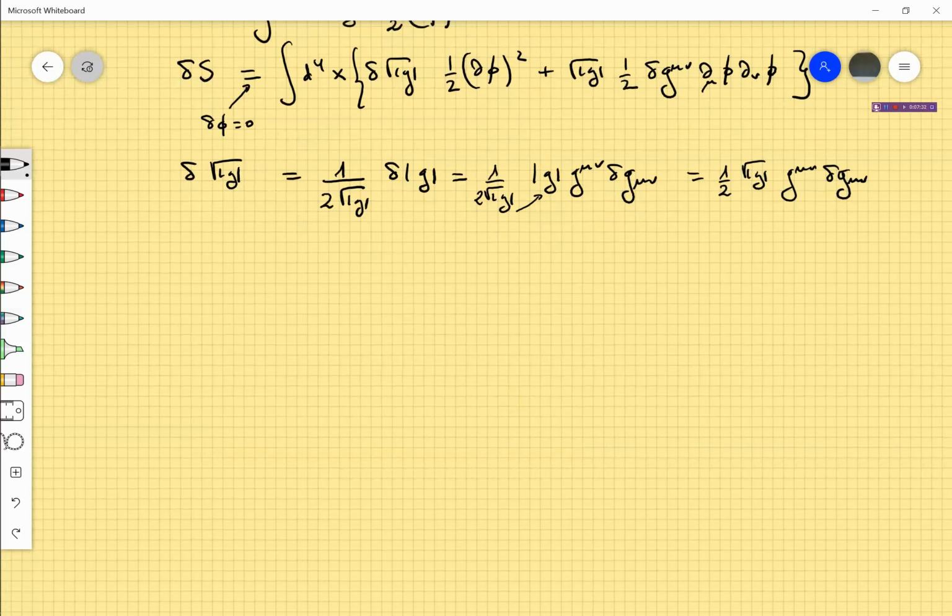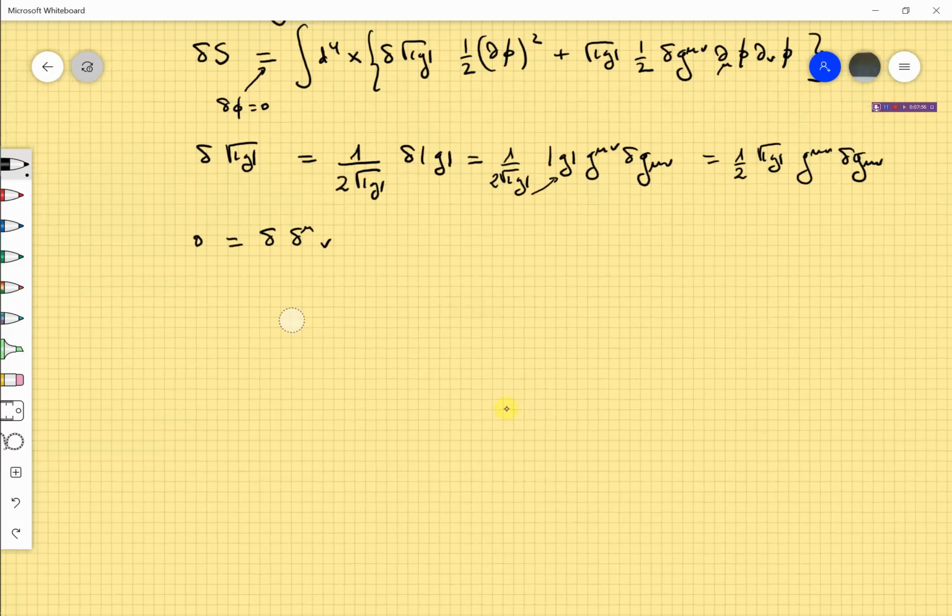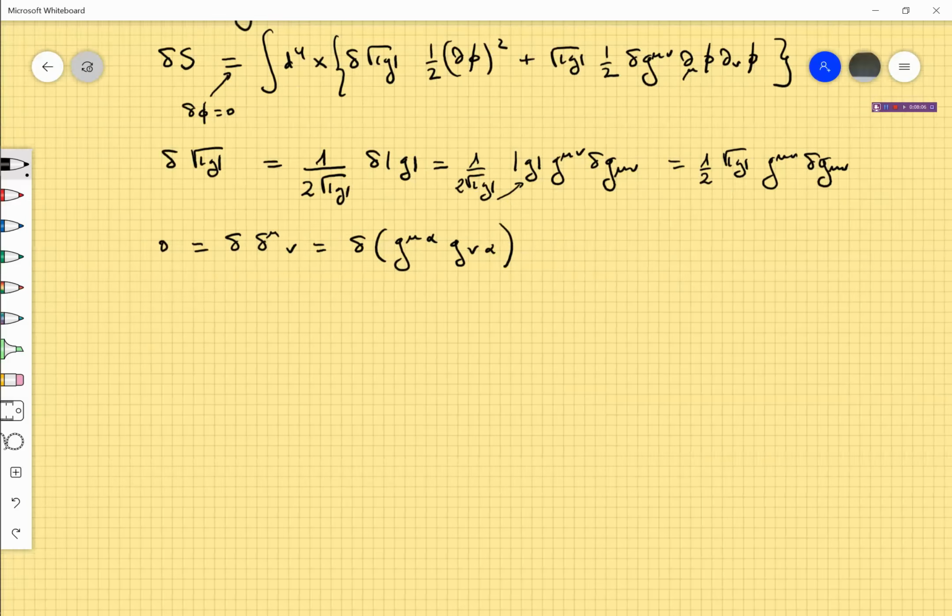Okay, as for the variation of the inverse metric, assuming that we are varying with respect to g_{mu nu} with indices down, the best way to do this is to consider the variation of delta^mu_nu, which is 0. Okay, because delta is always constant no matter what, but delta^mu_nu is just g^{mu alpha} g_{nu alpha}.